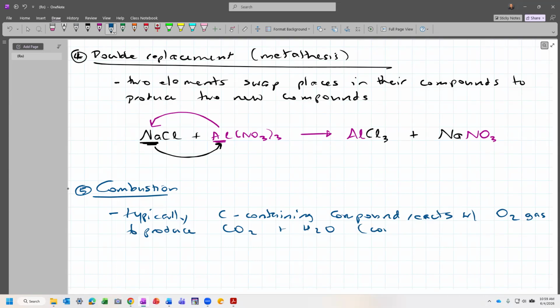And this is for complete combustion, because we can also have incomplete combustion. So this is assuming that there's lots of oxygen present.